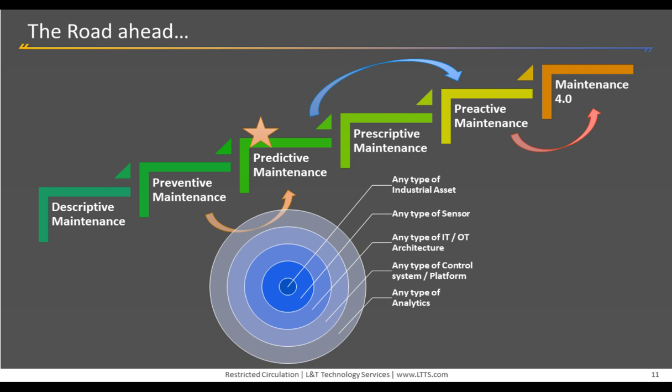But the key thing is the preactive maintenance. Preactive maintenance is where you have a digital twin specifically developed for maintenance. Yes, it may not be in real time, but it will definitely be sufficient to provide the asset maintenance plan and the schedule to be maintained.